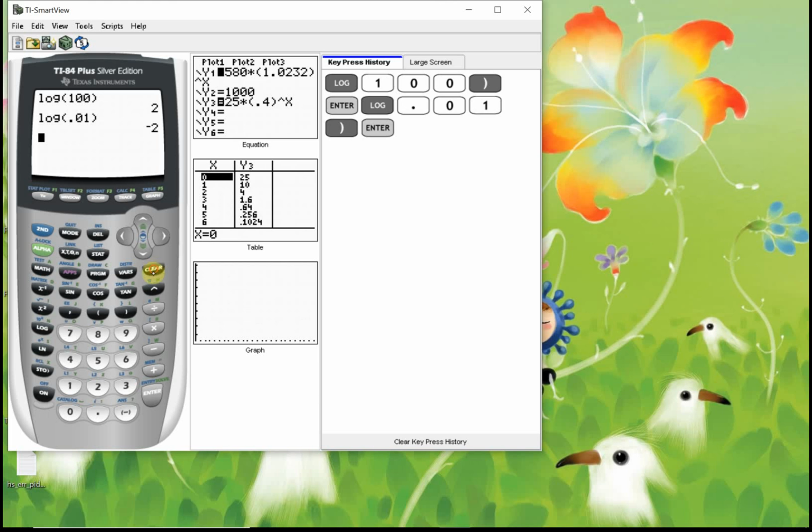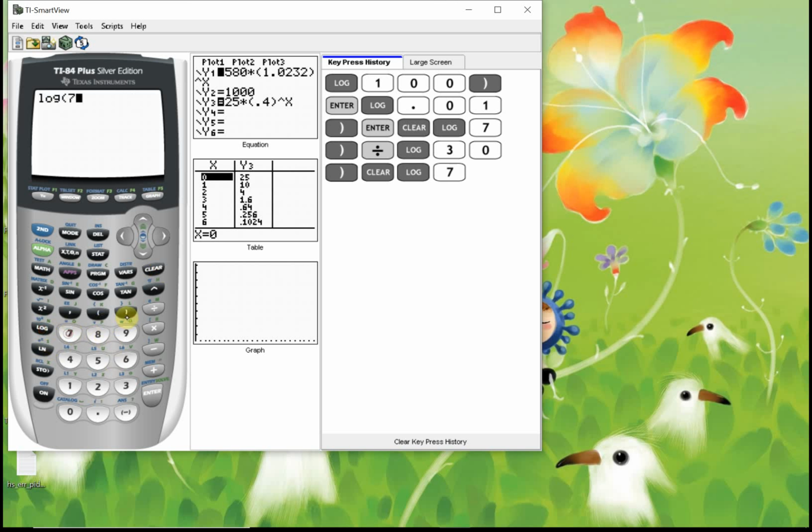So log of 7 divided by log of 3. Oops. Try that again. Log of 7 divided by log of 3. Okay, so that's 1.7712, and so on.